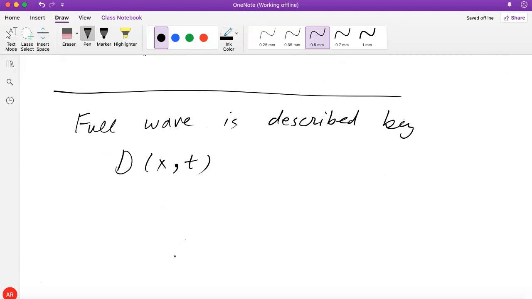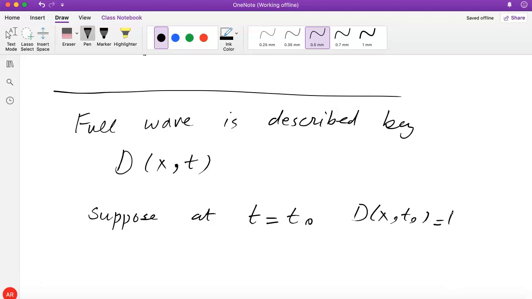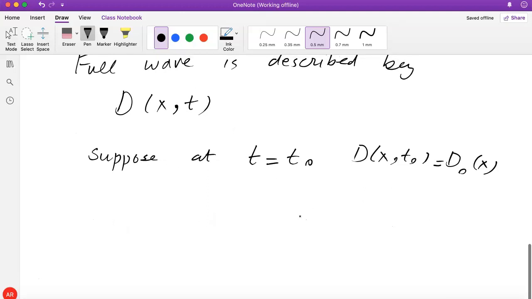Okay. Now, mathematically, the relationship is pretty simple. So suppose at t equal t naught, at some particular time, d of x and t naught is d naught of x. That's one snapshot graph at one particular time.